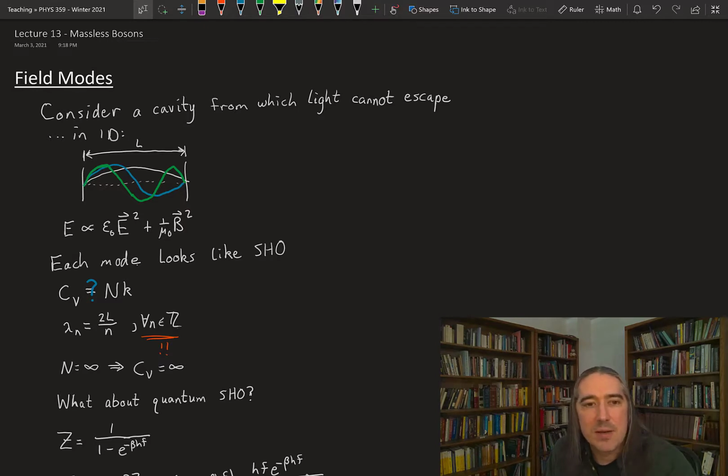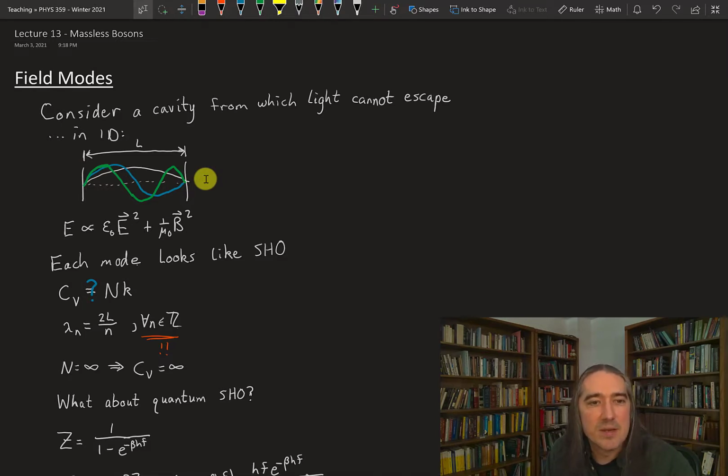So what happens if we have a cavity? We've got two mirrors, and at the mirror, the electric field had better go to 0. So we've got a boundary condition that tells us what kind of standing waves can fit inside of this cavity. And these may be looking very reminiscent of when we did the 1D particle in a box.